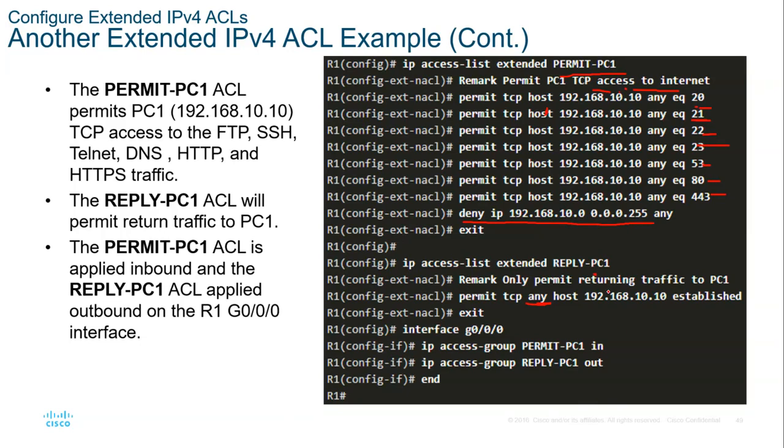But that any source, if this PC tries to reach them, then they should be able to reply back to this host, and then established. Meaning that the initial request is sent from this host. If it's not a reply to a request generated by this host, then that one is going to be denied. So we have this permit one in, and then the reply out.